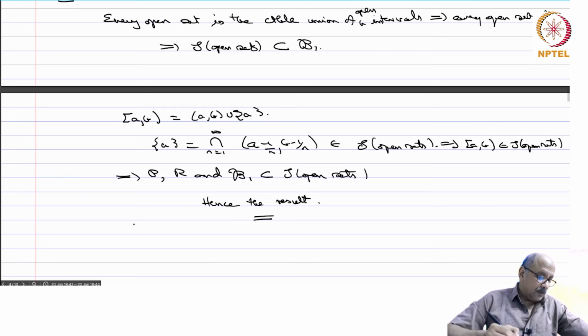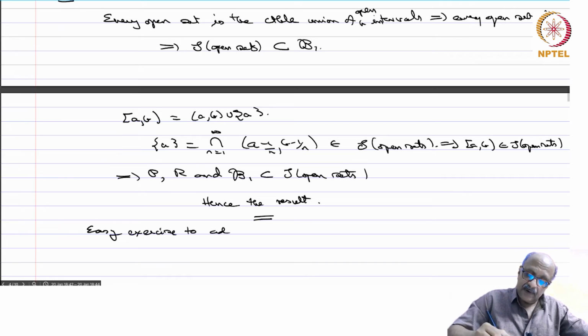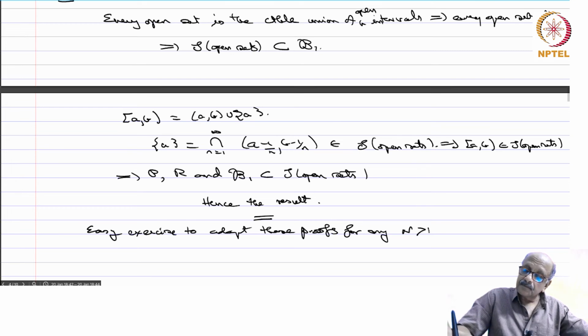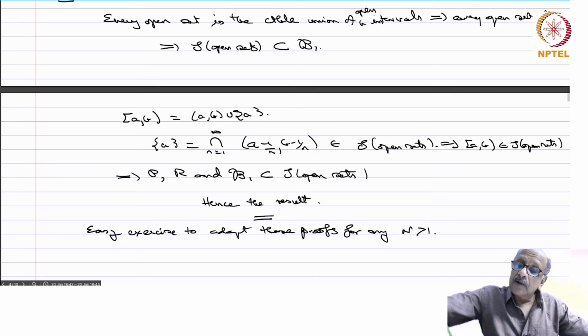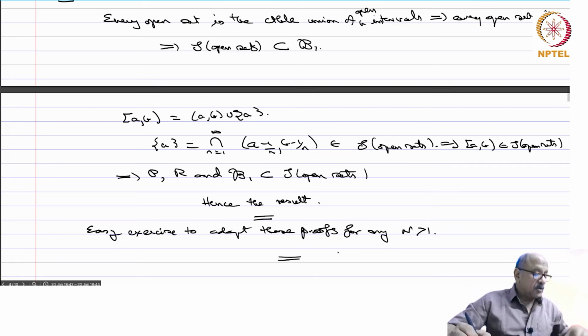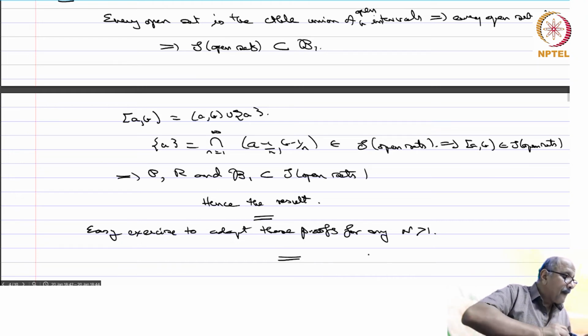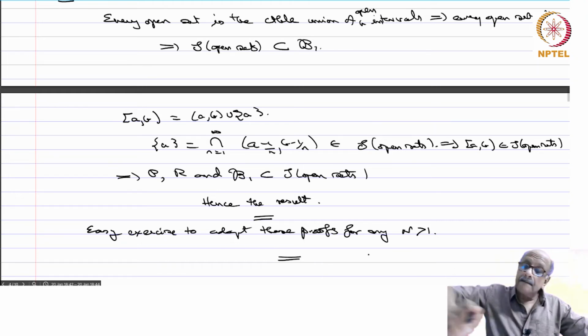So now, easy exercise to adapt these proofs for any n. Okay, so all these results are true both in R as well as R^n.